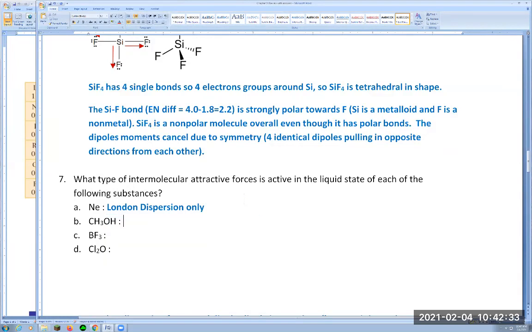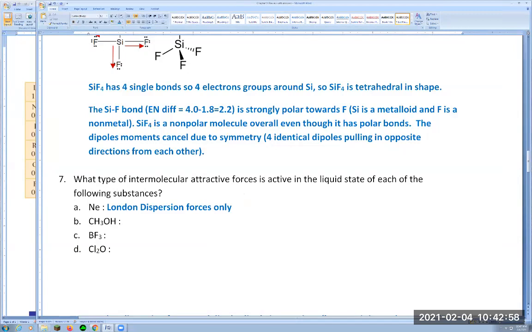This creates what we call instantaneous dipoles, and that creates an attraction between neighboring neon atoms. We call these attractions the London dispersion forces. So London dispersion forces only, because it's a non-polar atom.